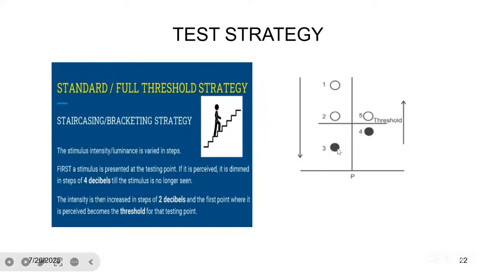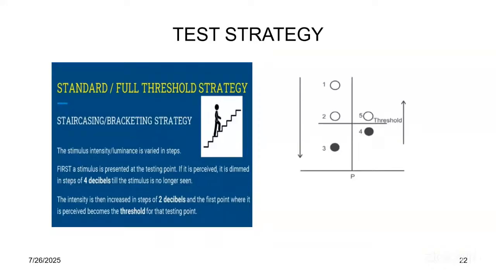At that point that the patient cannot perceive the stimulus, you start increasing the light intensity by 2 decibels. At the point at which the patient is able to have the first perception of that point, that will be the threshold. That's how the full threshold strategy works.